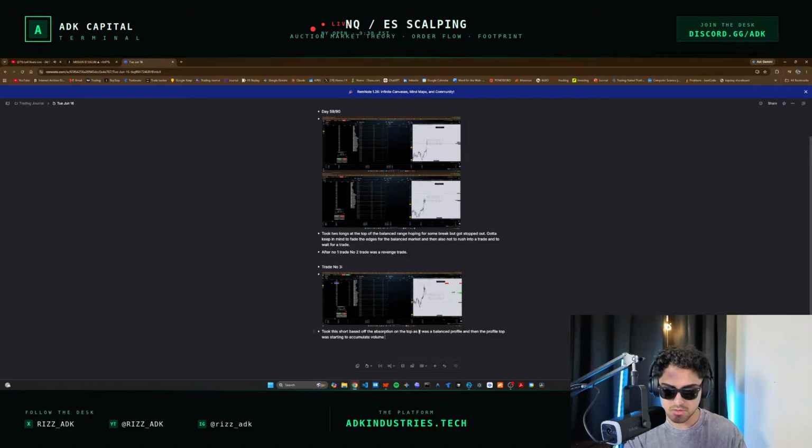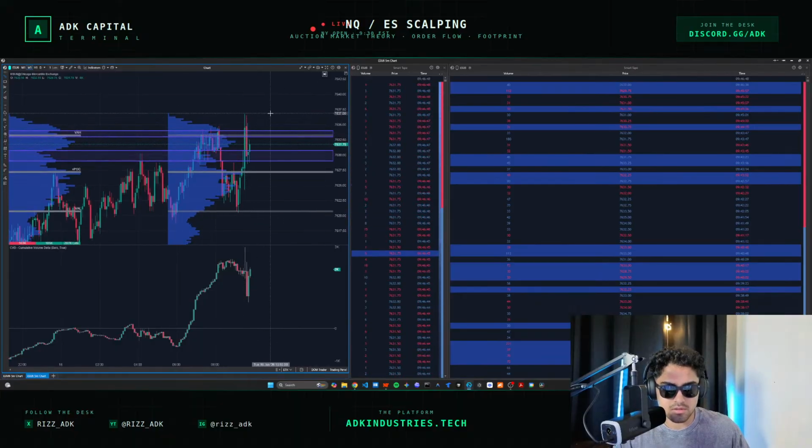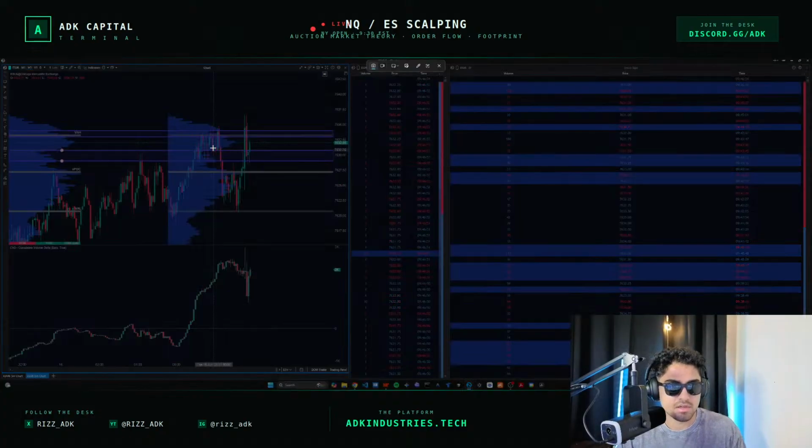We're starting to accumulate volume without follow through, indicating absorption, indicating resistance, right? Yeah, resistance there. Let's drop a little screenshot of this so that we can look back and we don't need to scratch our heads, right?